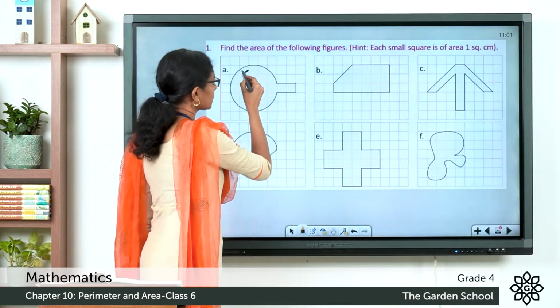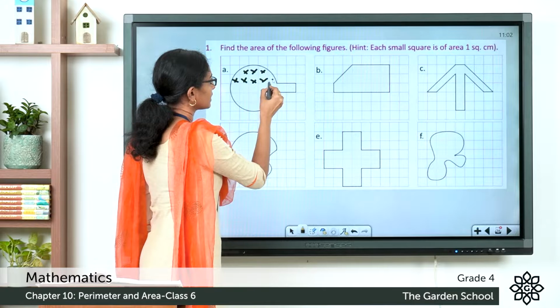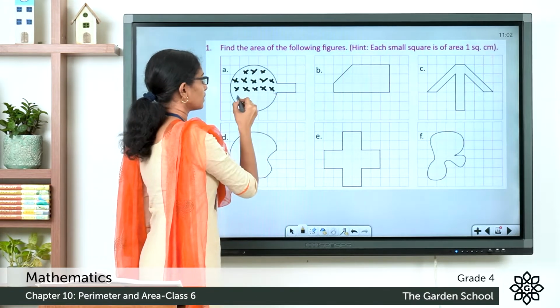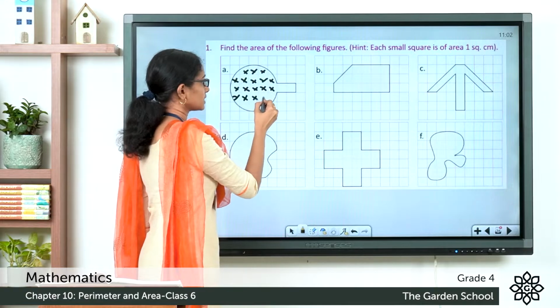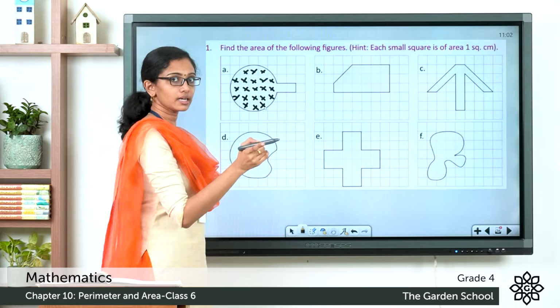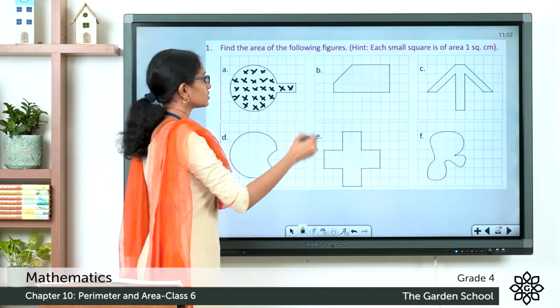So that would be 1, 2, 3, 4, 5, 6, 7, 8, 9, 10, 11, 12, 13, 14, 15, 16, 17, 18, 19, 20, 21. Then these two full squares which would be 22 and 23.